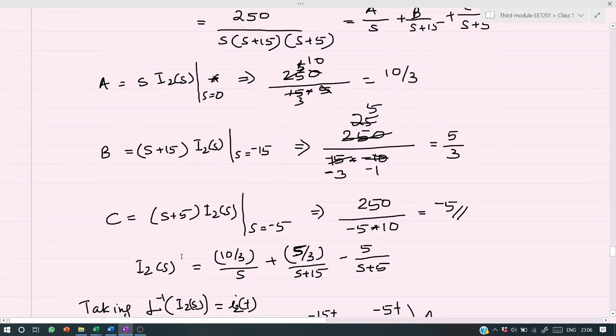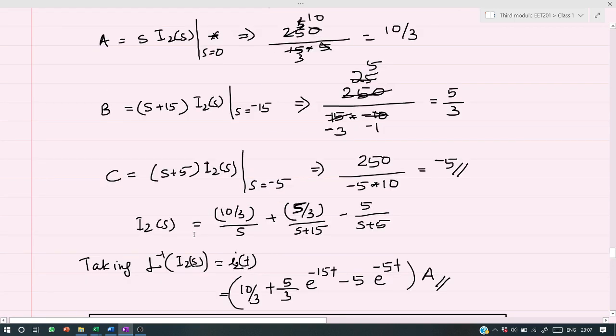The equation for I2 of S becomes 10 by 3 upon S plus 5 by 3 upon S plus 15 minus 5 divided by S plus 5. Now we can take the inverse Laplace transform to find I2 of t, which is 10 by 3 plus 5 by 3 e raised to minus 15t minus 5 into e raised to minus 5t, that much ampere.